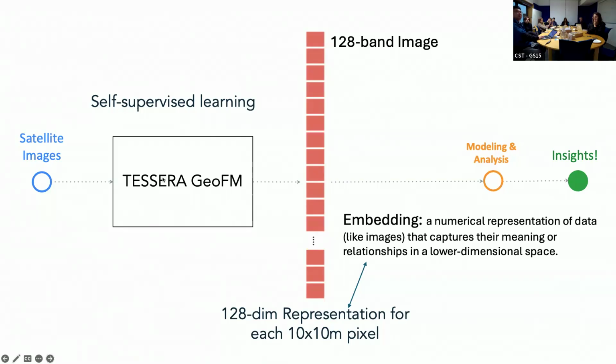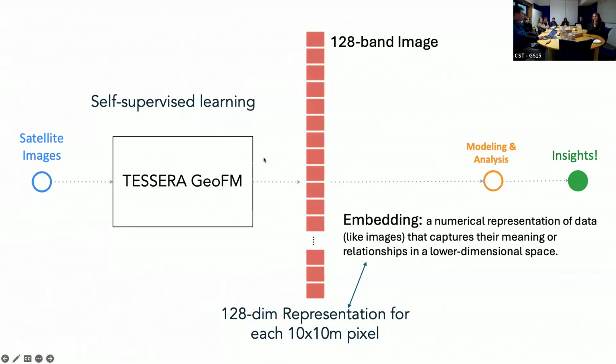So essentially, TESSERA just somehow compresses or processes all these satellite images into a 128 dimension or 128 band image. This image doesn't have any physical meaning. It's just some numbers, and users can simply use this 128 band image for further modeling and analysis and then get insights.